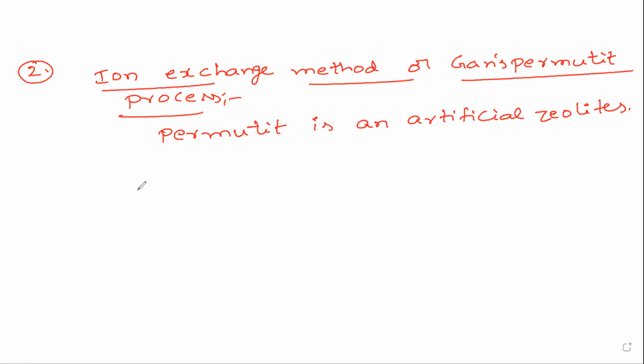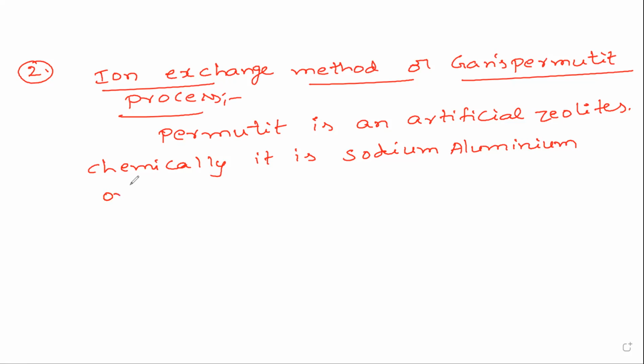Chemically, permutit is sodium aluminum orthosilicate.